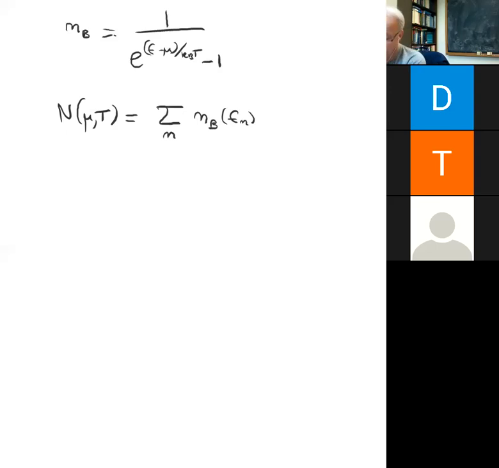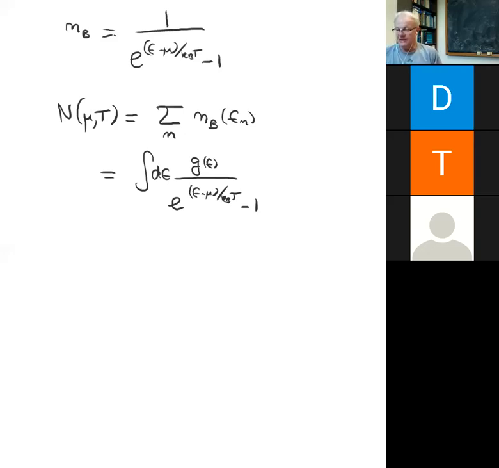But the sum, we now converted to a continuous integral. So we wrote this continuous integral as an integral over epsilon of g of epsilon. And now I just write down the Bose distribution. So this is e to the epsilon minus mu over k Boltzmann T, minus 1. So that's the total number of particles as a function of chemical potential and temperature.